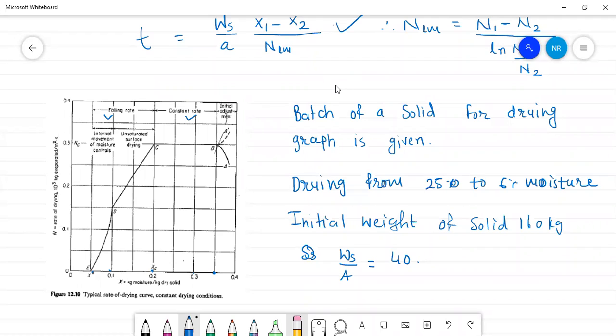It means kg of dry weight per unit area.